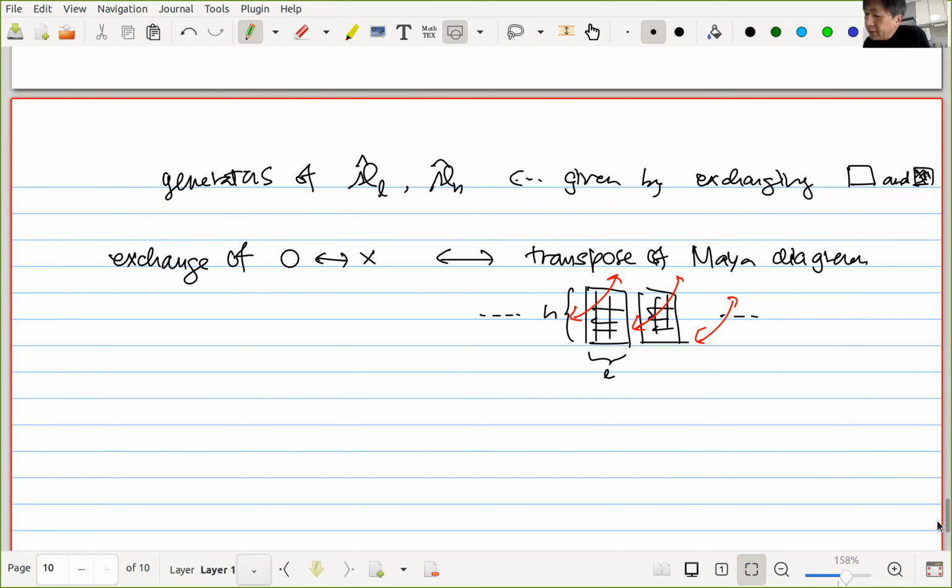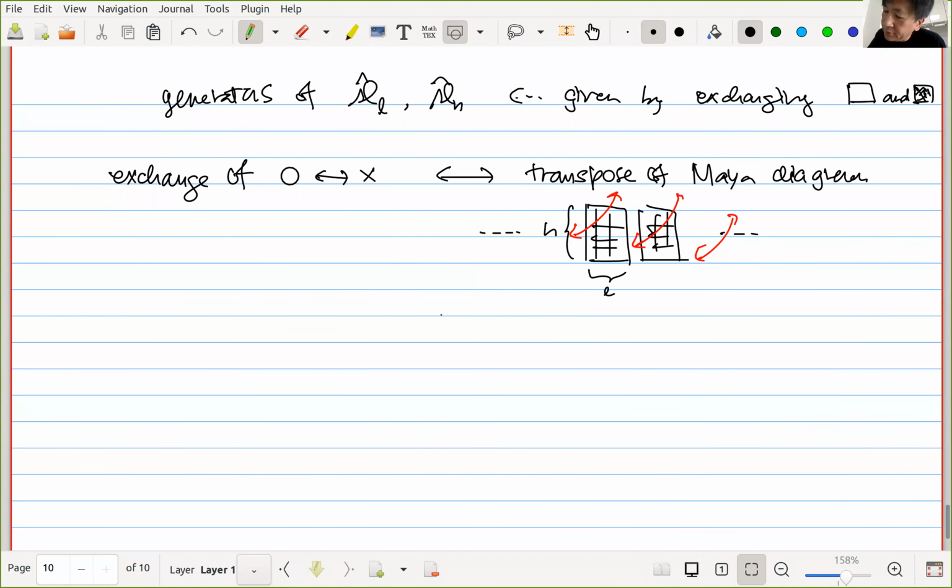Okay, then from this computation, you can check that if I impose this exchange, the two actions are exchanged.